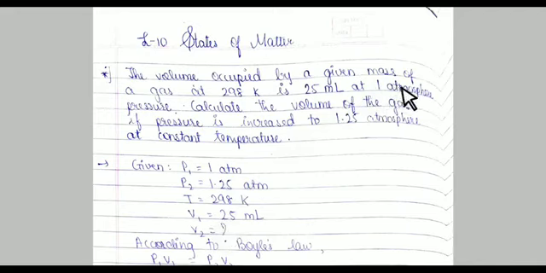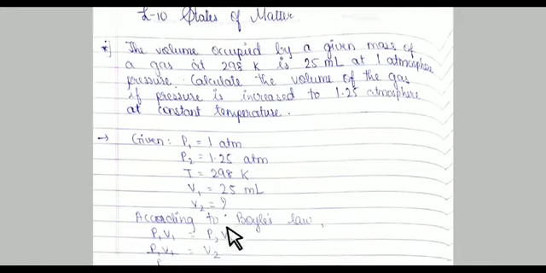Students, whenever the volume is 25, pressure is 1, and we have to calculate the volume at 1.25 atmosphere. So P1 is equal to 1 atmosphere, P2 is equal to 1.25 atmosphere, temperature is 298 Kelvin, V1 is 25 ml, and we have to calculate V2.